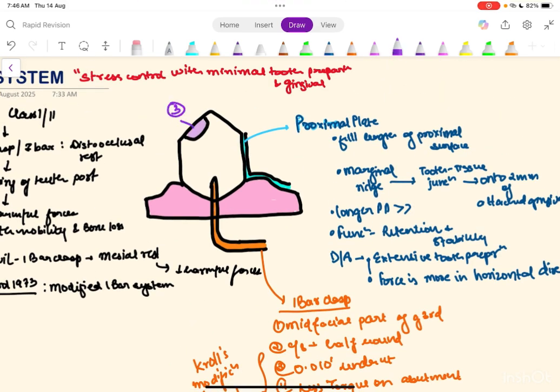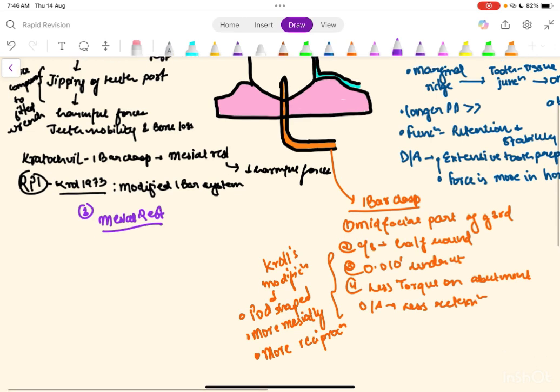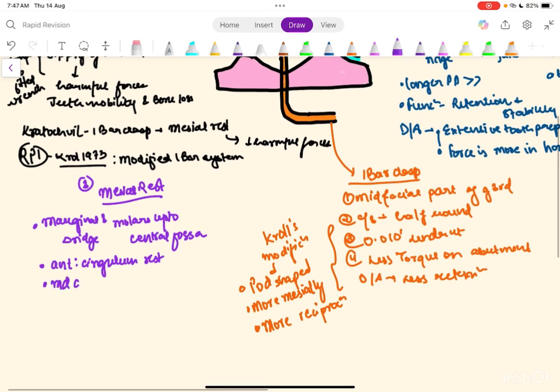Now let's understand the mesio-occlusal rest. So third is the mesial rest. Basically it goes from the marginal and triangular ridge in molars up to the central fossa. In anteriors we give a cingulum rest. Then in mandibular anteriors we give an incisal rest.